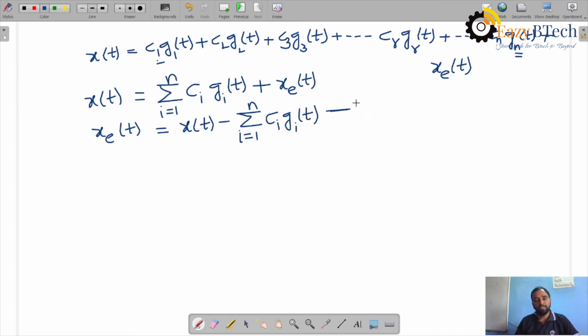So our aim is what? We want to know how much is c1, these coefficients or constants. What is the c1 value? What is the c2 value? What is the c3? What is the cr? And what is the cn with minimum error? We want all these coefficients with minimum error.